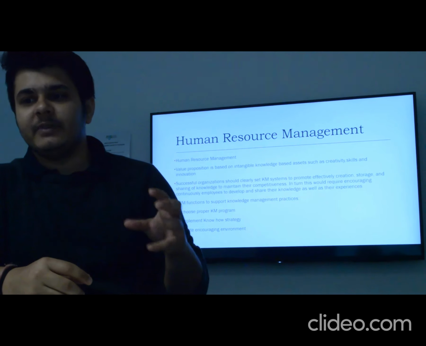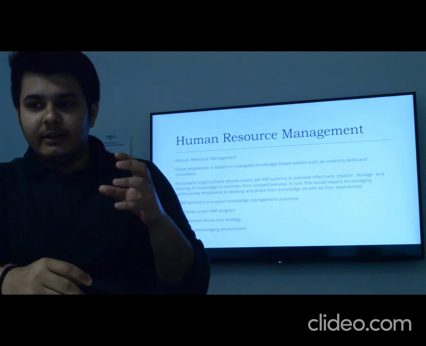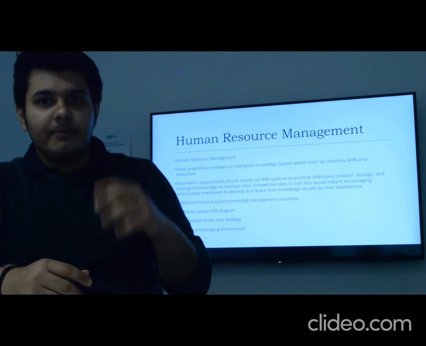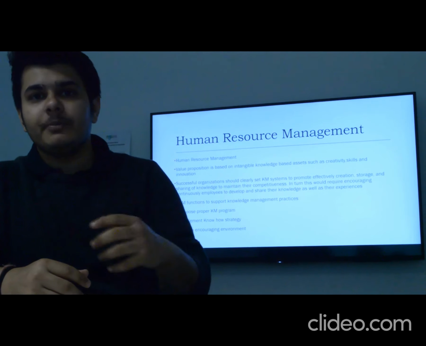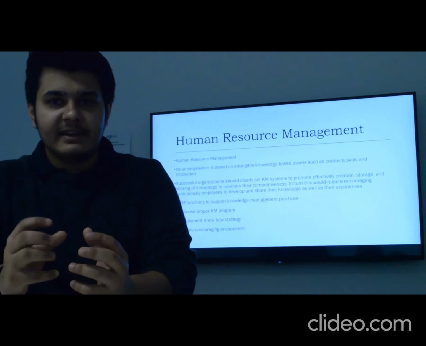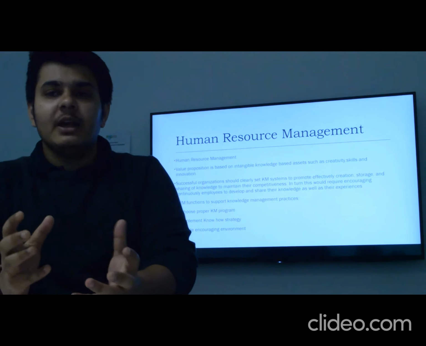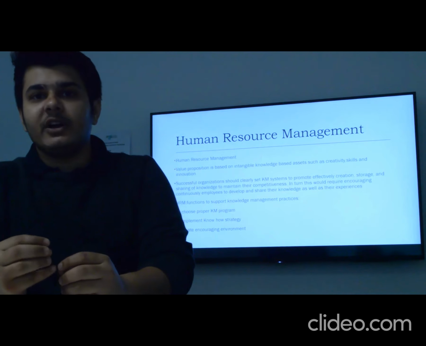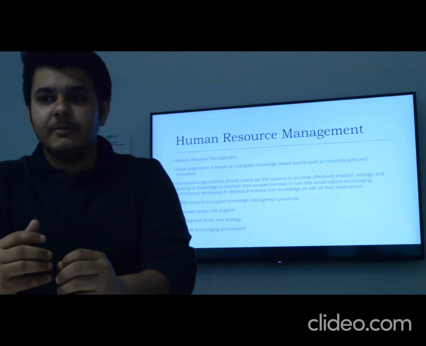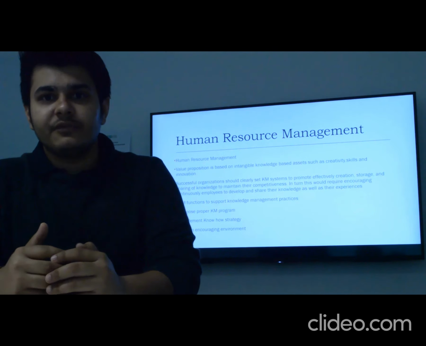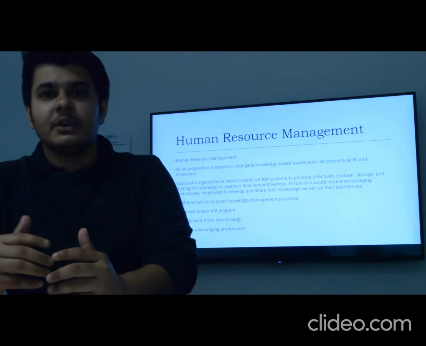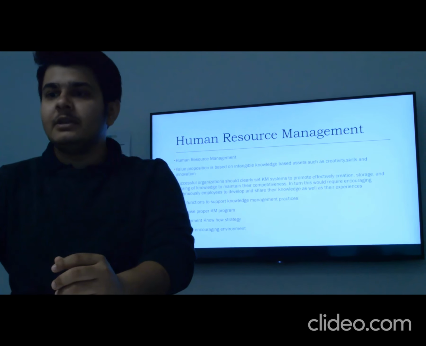The function of human resource management in supporting knowledge management practices is to choose a proper knowledge management program and strategy, to implement the know-how strategy, to create an encouraging environment, and to support whatever the structure and technology are. It also runs programs or activities that can transfer tacit knowledge to explicit knowledge, to use more knowledge resources.